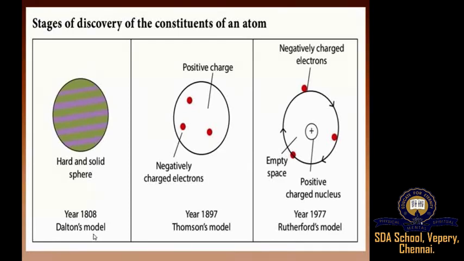Next is Thomson's model. J.J. Thomson proposed a different theory in the year 1897. He compared the atom to a watermelon, as we saw before. He said an atom consists of positive charge as well as negative charge, and he named the negatively charged particles electrons.